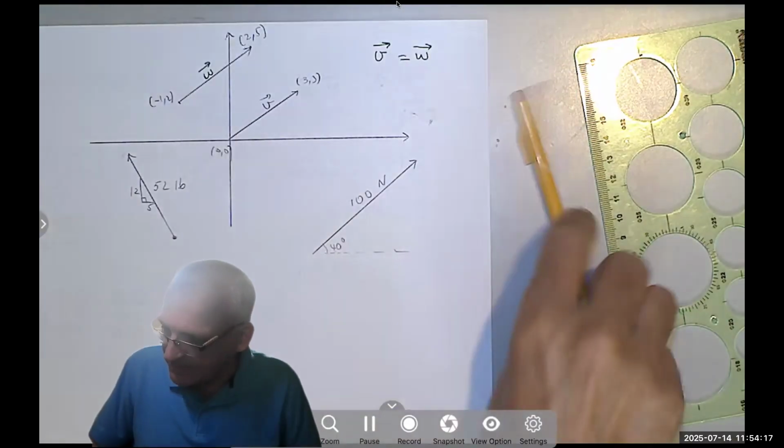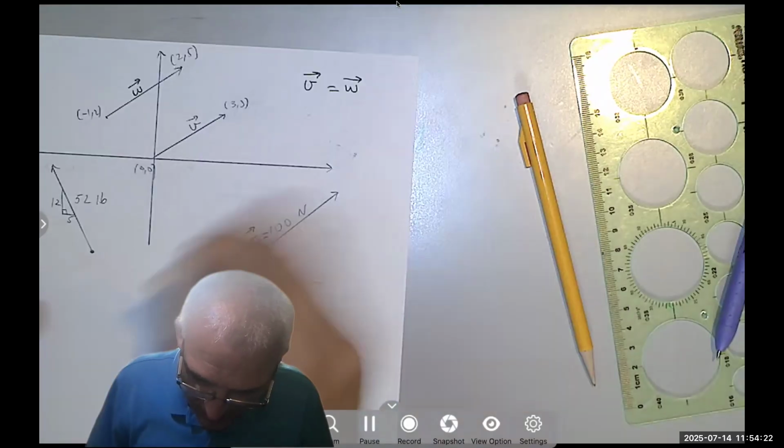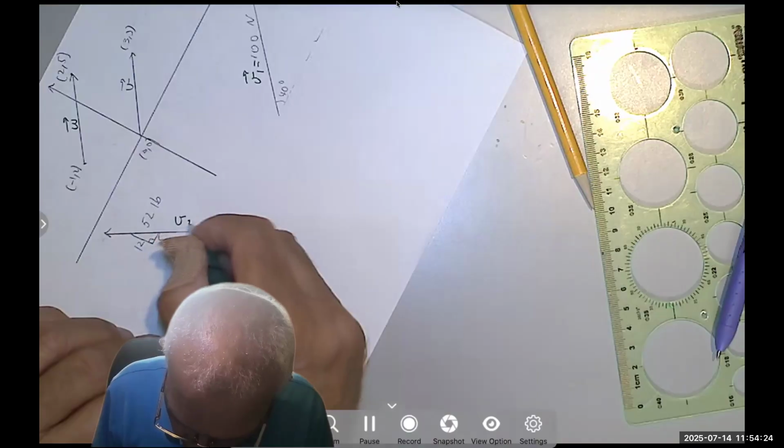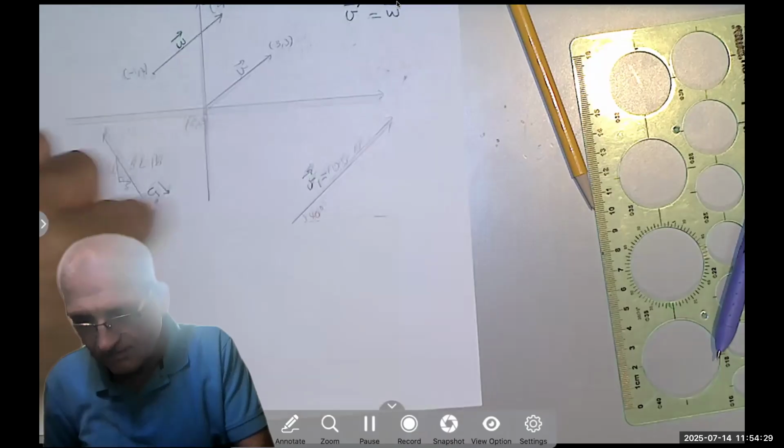How do I represent these two? So let's call that V sub 1 and call that V sub 2. And they are free vectors, so they can be here or they can be there or whatever.